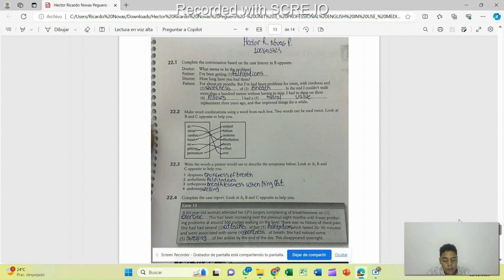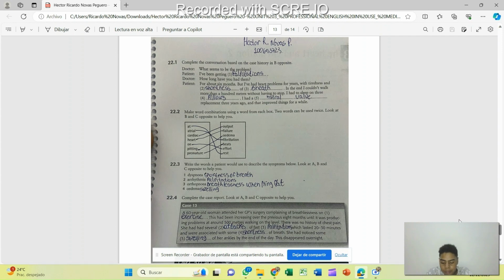22.2 Make word combinations using a word from A, but a word can be used twice.